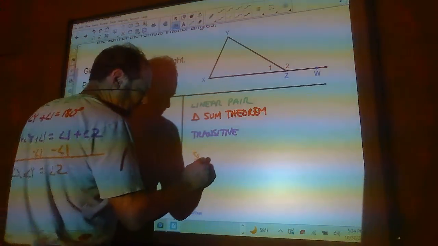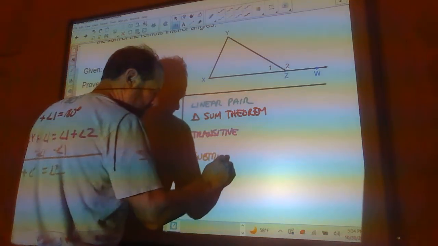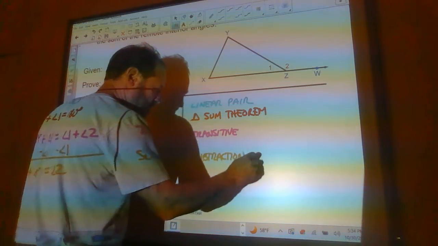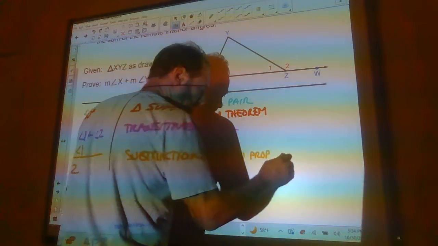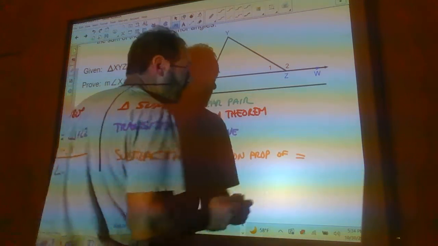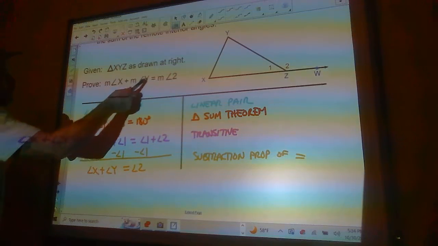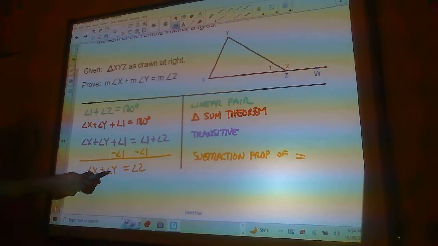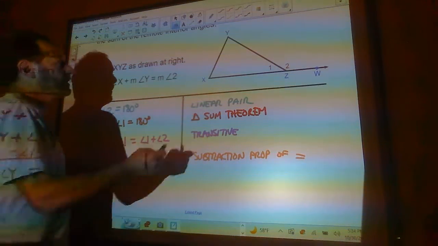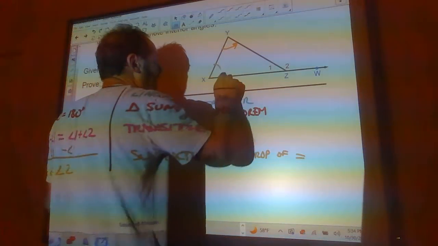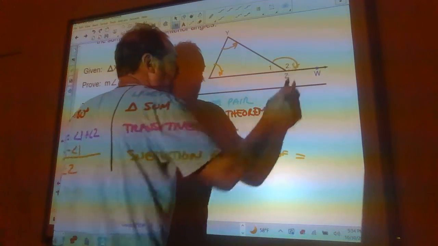That's the subtraction property of equality. Hey, that's what I wanted to prove. X plus Y equals angle 2. So these two angles together will always add up to that one over there.